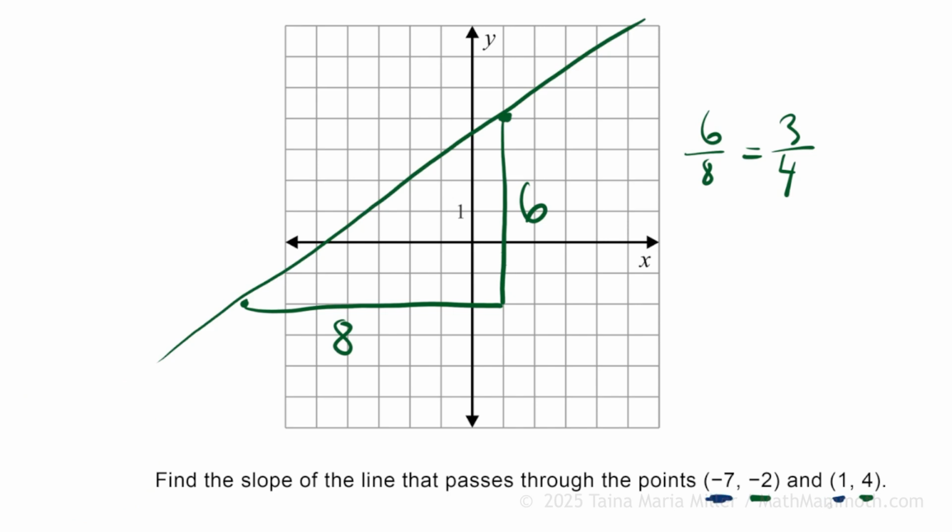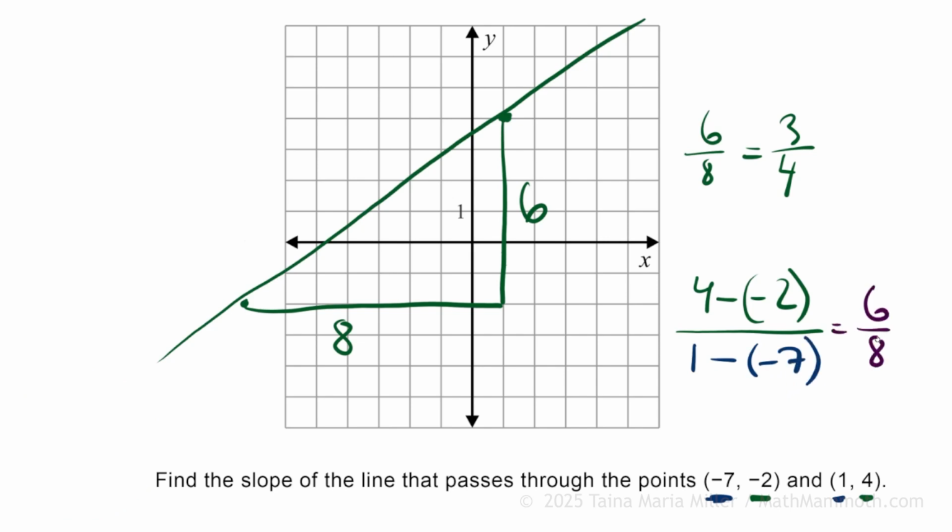So in the y coordinates, I look at 4 and -2. How much do they differ from each other? 4 minus -2. That's going to be 6. And then that over 1 minus -7. And so we get the same, 6/8 and 3/4.